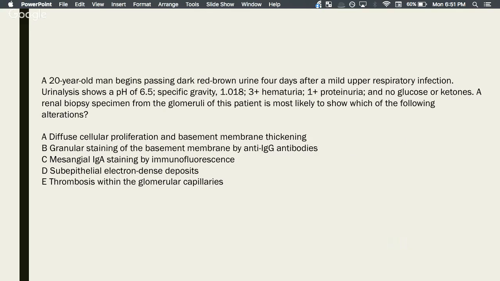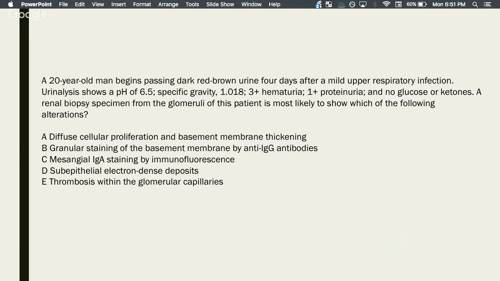Perfect. And out of the nephritic syndromes, do you know which one he would have? Okay, so the things to pick out of this question are the fact that he had dark red-brown urine 4 days after a mild respiratory infection.